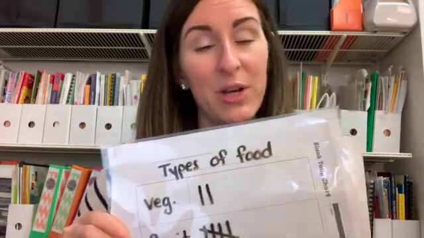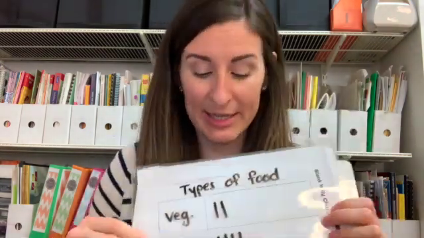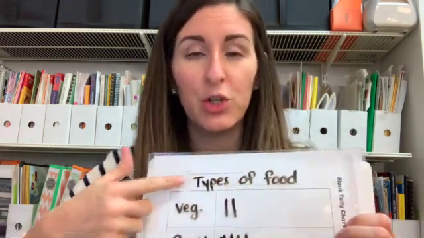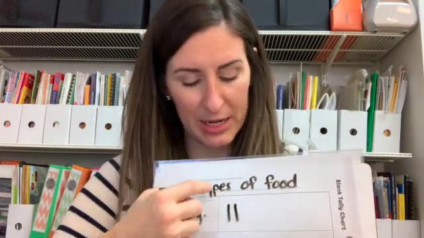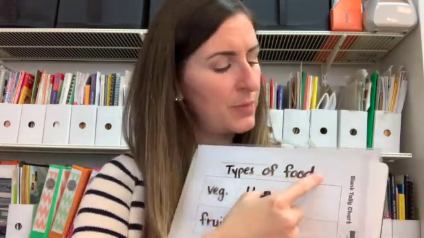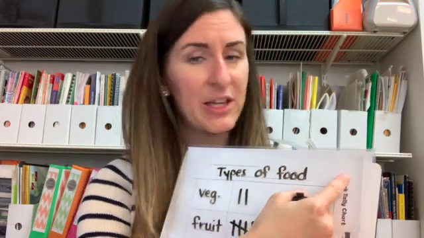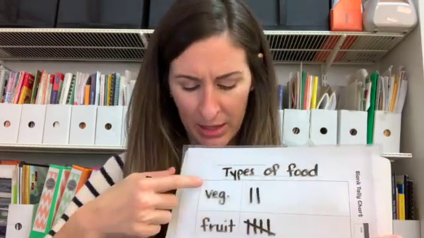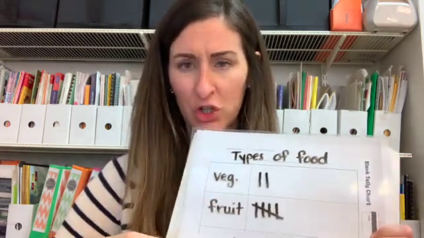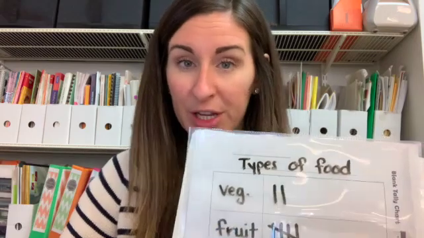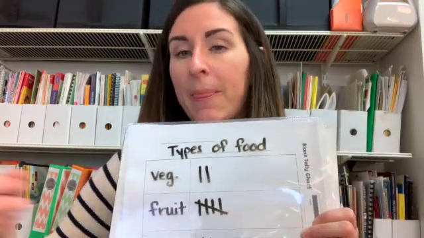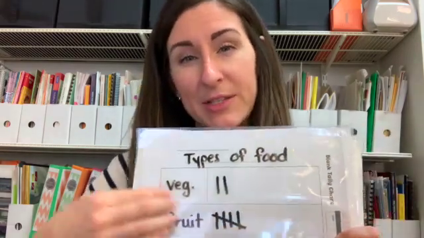Now, one thing I want to tell you before you go off to do this is that when you label this, you can only be talking about one thing. So I'm not going to say types of food, toys, and shoes, and then say food, toys, and shoes along the side here. Those are 3 very different things. What I'm looking for here is comparing the numbers of 3 of the same things.